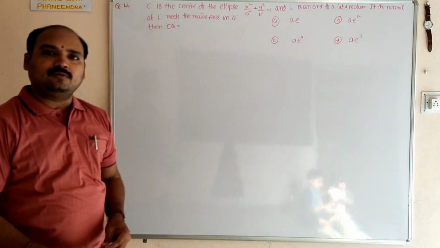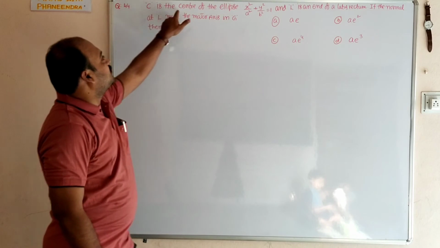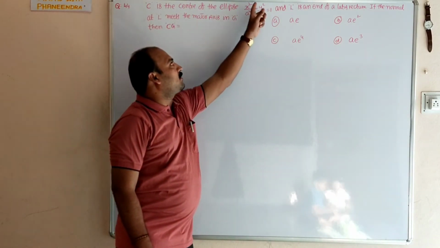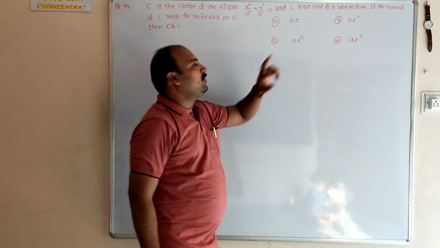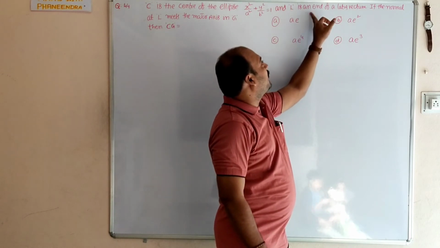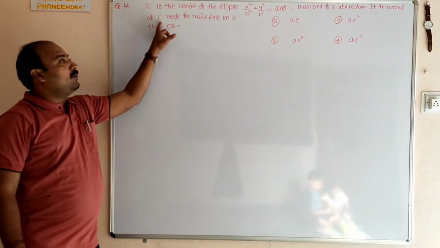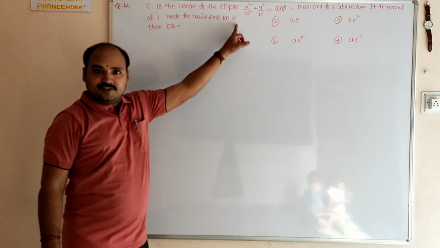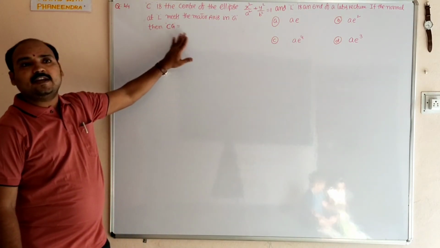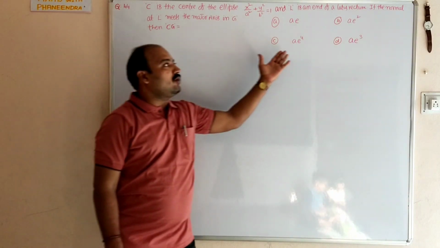The next question. C is the center of the ellipse x square by a square plus y square by b square equal to 1, and L is an end of the latus rectum. If the normal at L meets the major axis in G, then CG equals what? These are the options.